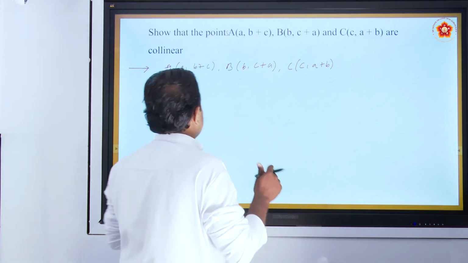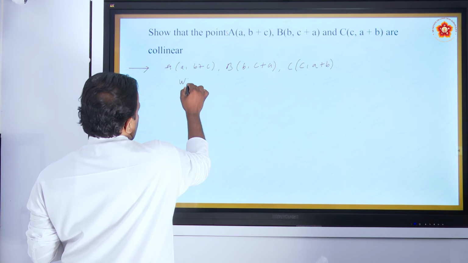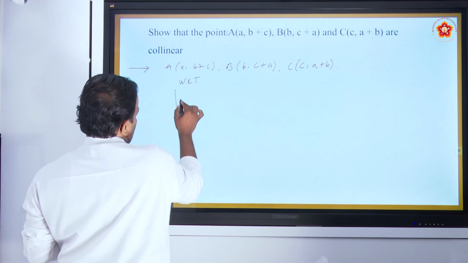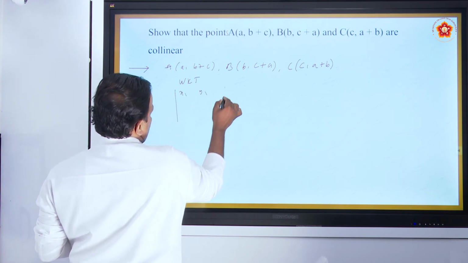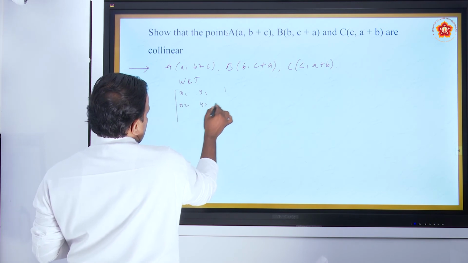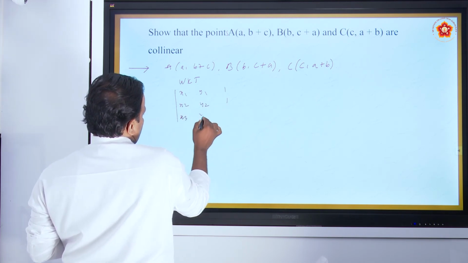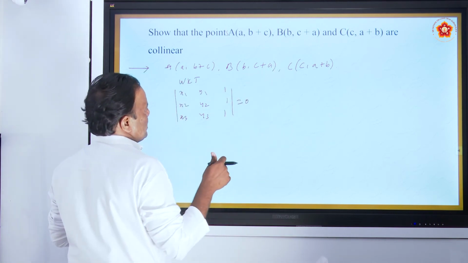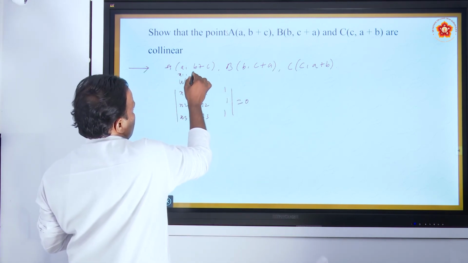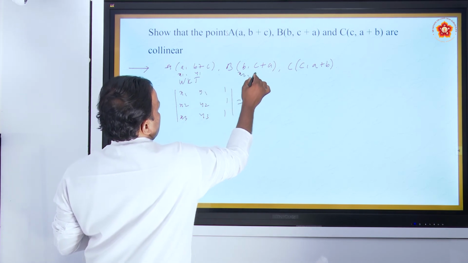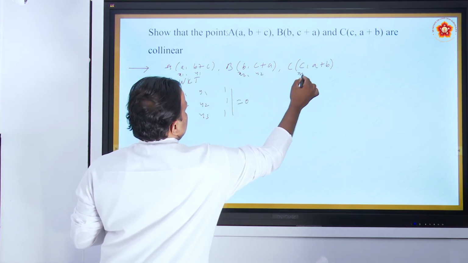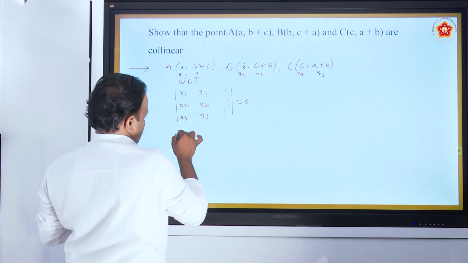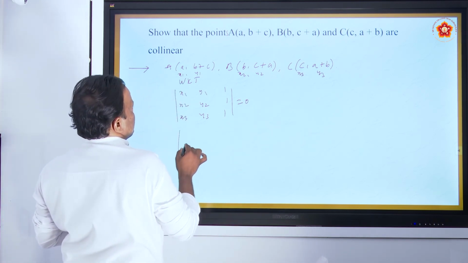Okay, let us start. So we know that the condition is the determinant of x1 y1 1, x2 y2 1, x3 y3 1 equal to 0 means the 3 points are collinear. Substituting values here: what is x1 here?